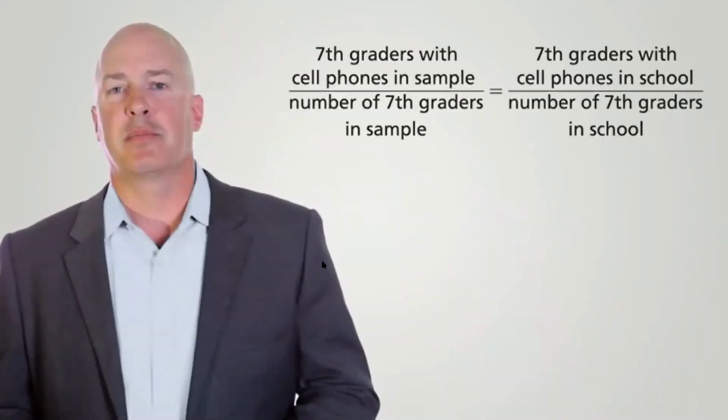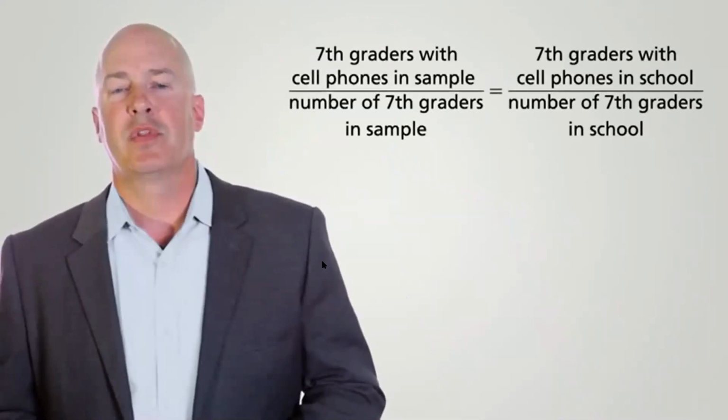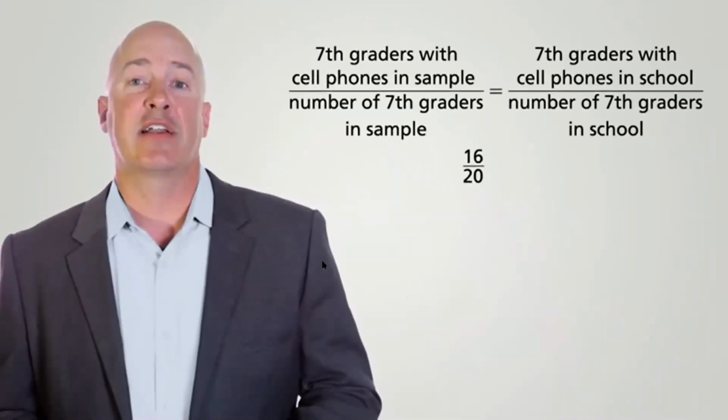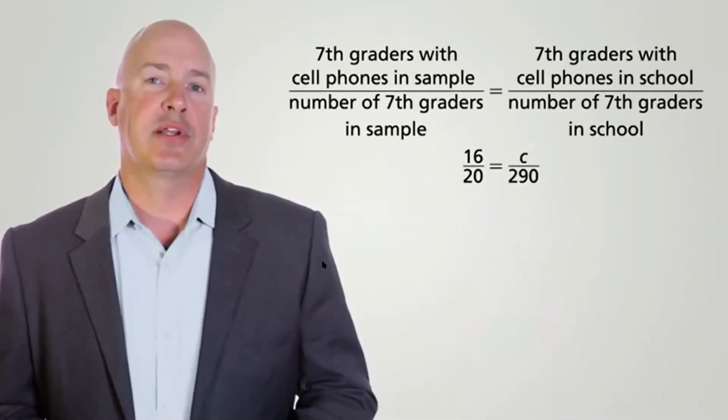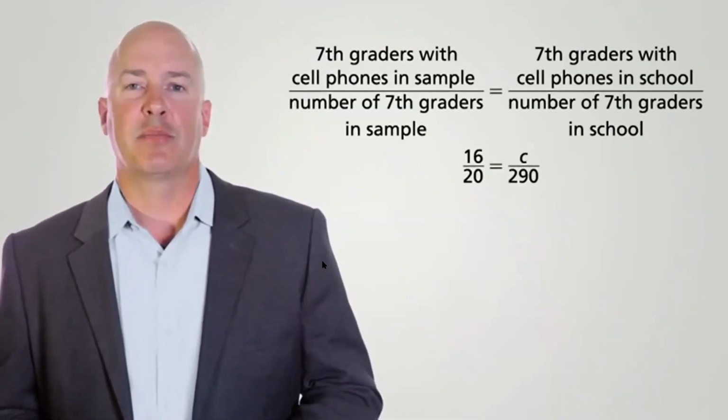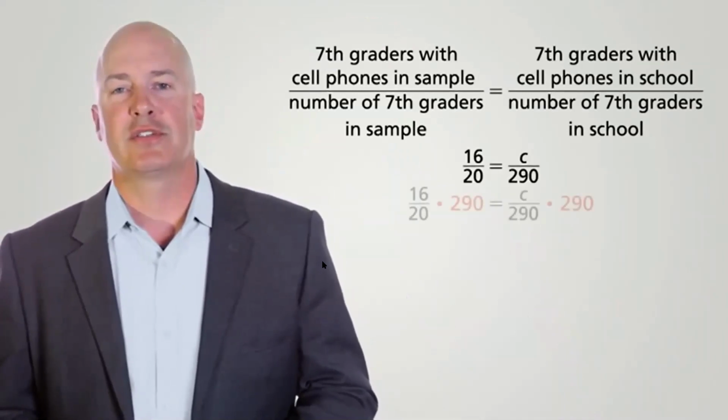Essentially, they will be calculating a metric for the part or sample and using it to make a prediction about the whole or population. For example, a random sample of 7th graders shows that 16 out of 20 have cell phones. If there are 290 7th graders in the school, estimate the number of 7th graders that have cell phones.